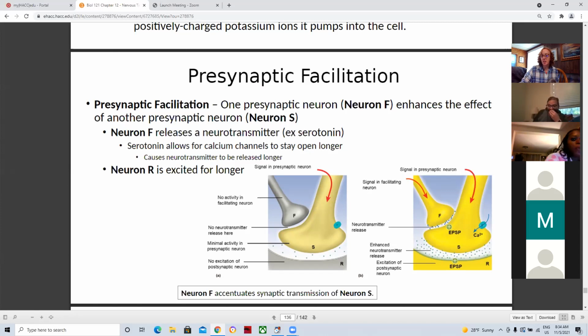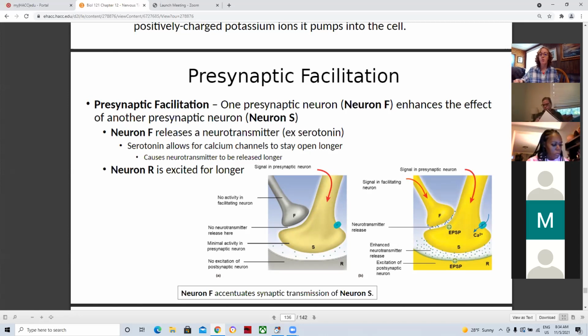Presynaptic facilitation is when one neuron, let me back up just a second. Presynaptic interactions can be facilitating or they can be inhibiting.